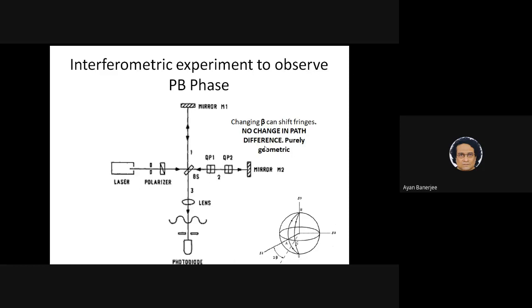If you remove the quarter wave plates, you will of course get some fixed fringes, but because of quarter wave plate two, you will see fringes that shift as you change this.